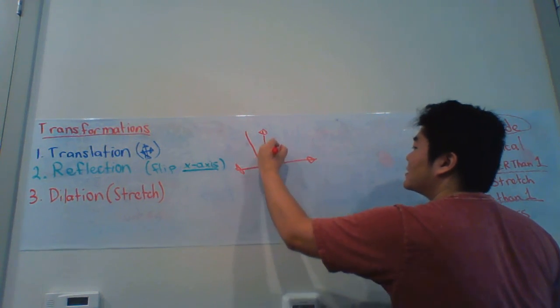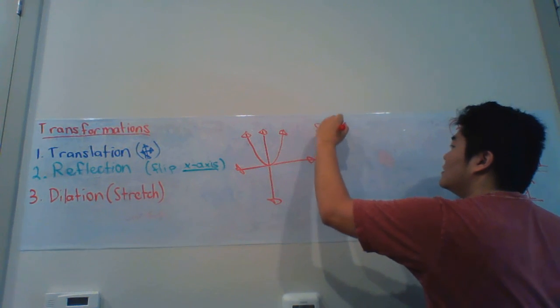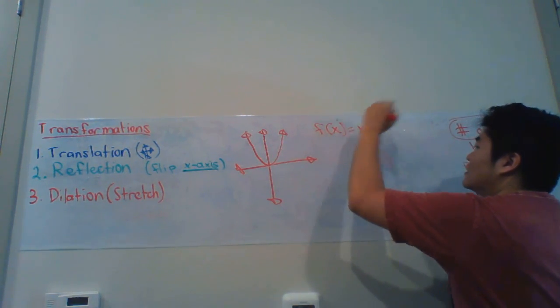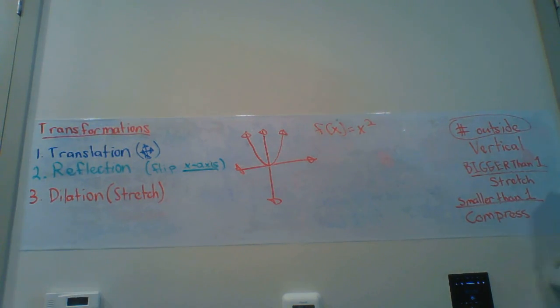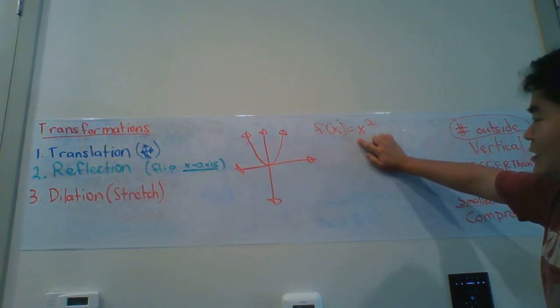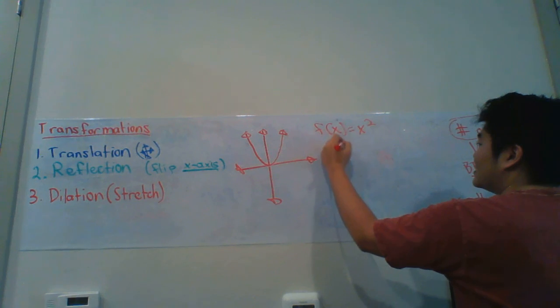So I've got my parent graph, f of x equals x squared. Remember, we're starting with this one because we're looking at quadratic functions specifically today. So we've got this one, and we're going to put a number on the inside of the parentheses.